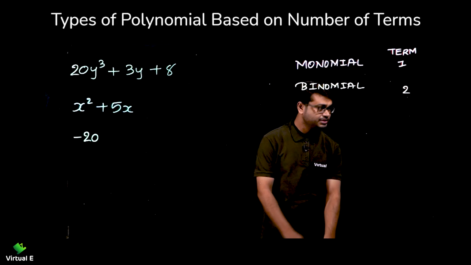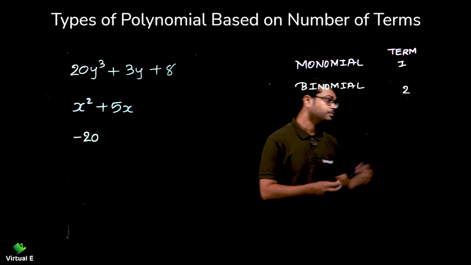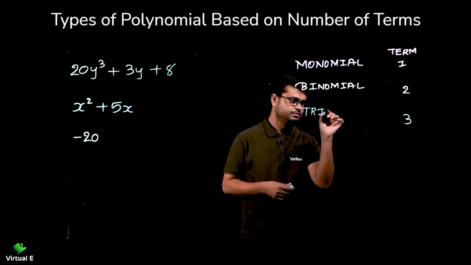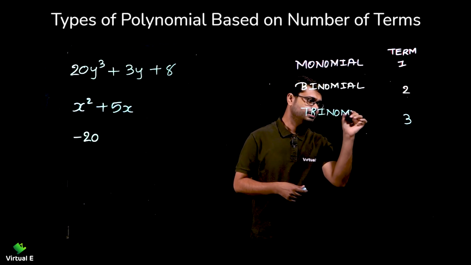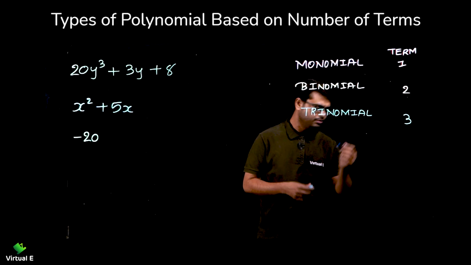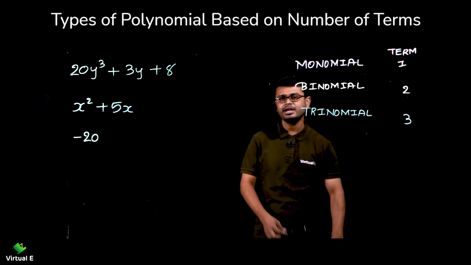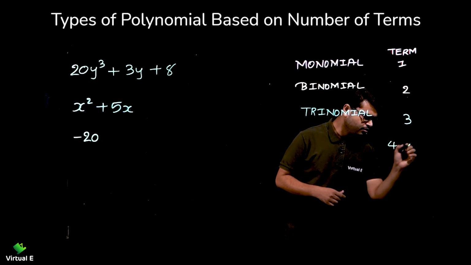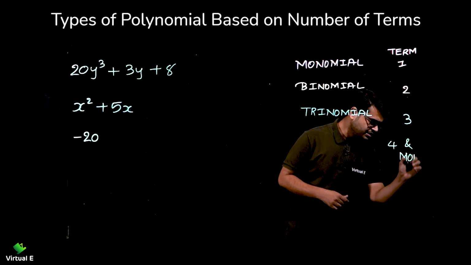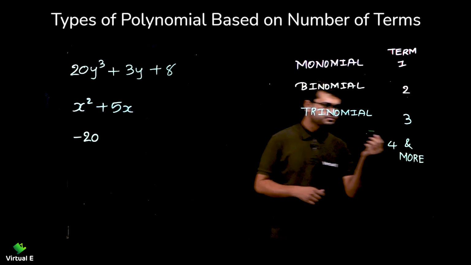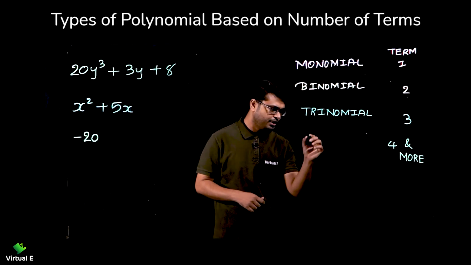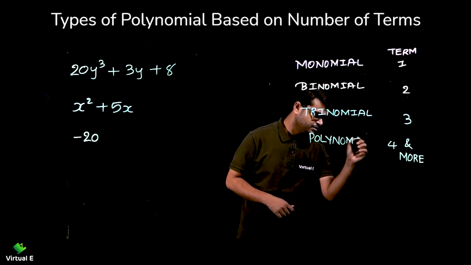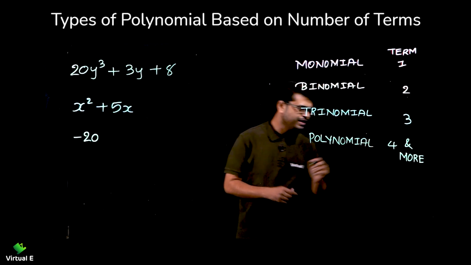That is trinomial. So 3 here and trinomial. Now what about if it has 4 terms? 4 and more we generally say polynomial.